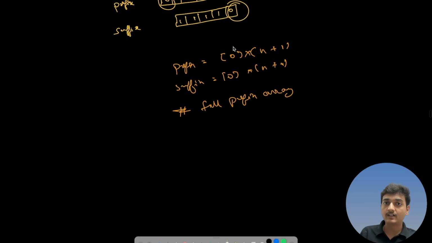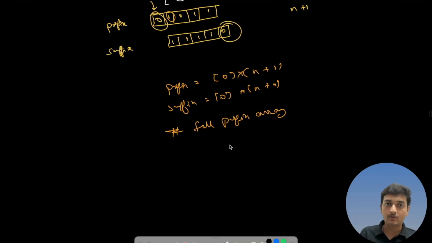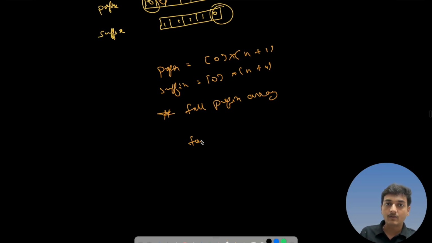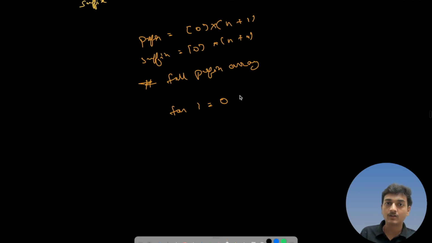My prefix array will be starting from the first index. You can see here, I'm starting from the first index. So for i equal to 0, my string will be starting from 0, so I will be going from 0 to n minus 1. n is the string length, so I need to go till the last index, n minus 1.